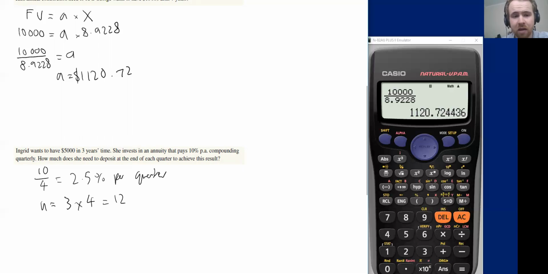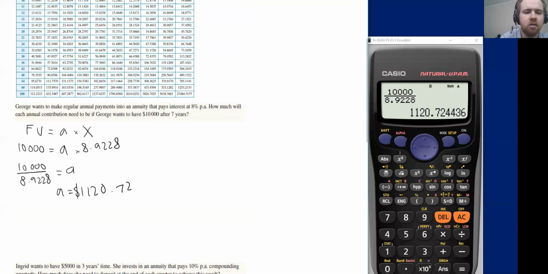So now we've made that conversion, we can just use our equation again, A times X, and put in our values. So the future value we want is 5,000. Don't know what A is, and X we can use from the table.